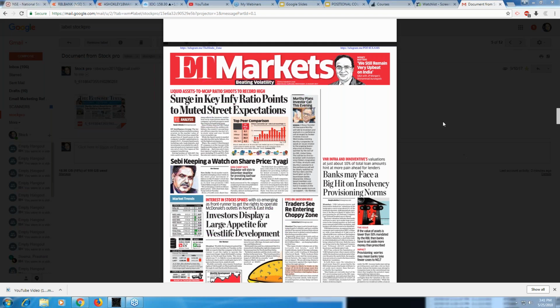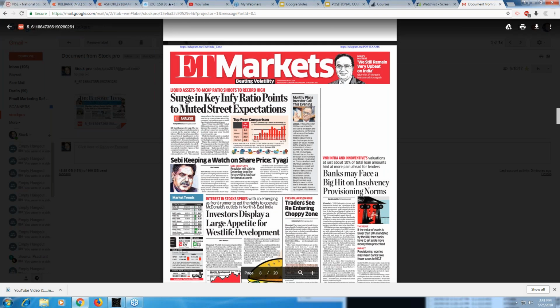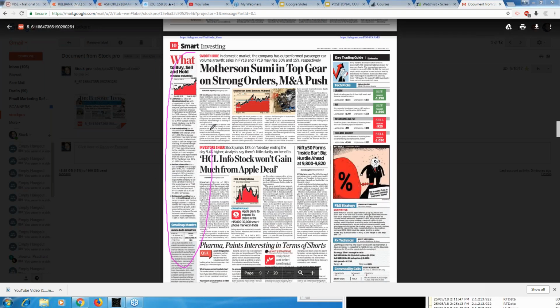Then if you go to the next page, there is a column where you see the recommendations by various research analysts, like the companies or the credit rating companies, or you see the mutual fund recommendations and an analysis of a mutual fund.